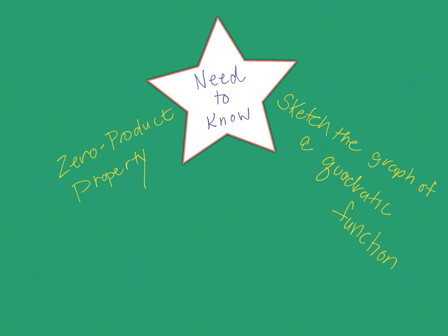The other thing I want us to talk about is how to sketch the graph of a quadratic function, and how that word sketch is much different than if we were actually graphing a quadratic. So we want to look at those two items before we get into our lesson today.